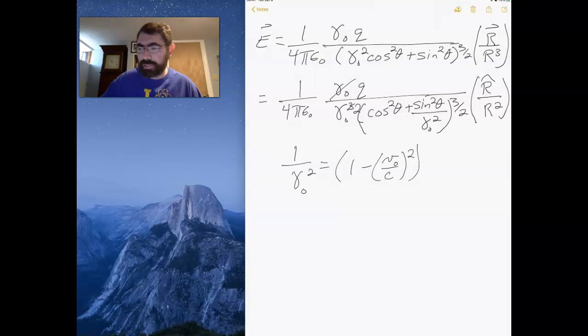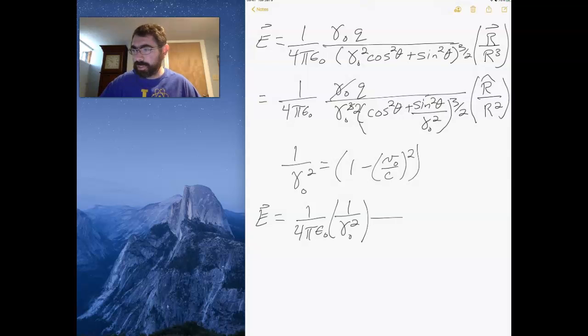So if I do that, my electric field now looks like 1 over 4 pi epsilon naught, and I get a 1 over gamma squared, q, cosine squared theta plus 1 minus v0 squared over c squared sine squared theta, to the 3/2, r hat over r squared.